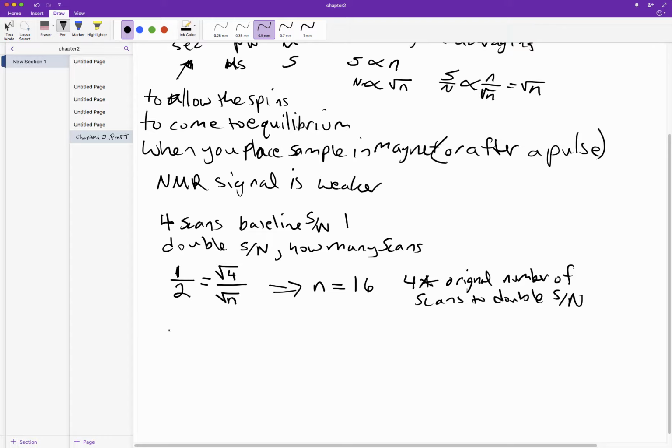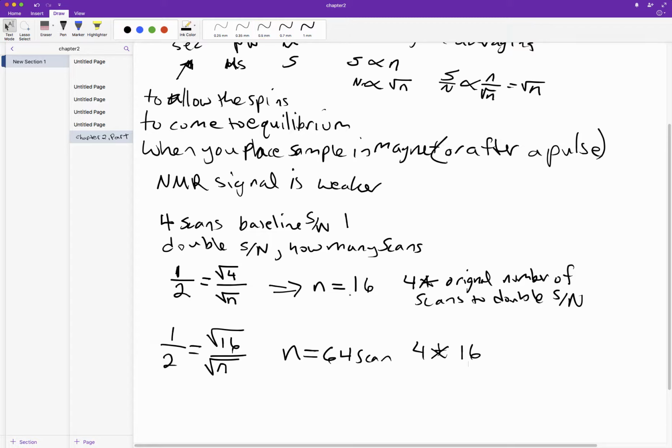If you originally took 16 scans and you call that your baseline of 1 signal to noise unit, and you solve for n, you're going to get 64 scans, which again is 4 times the original number of scans. So always with NMR, if you want to double your signal to noise, you have to take 4 times as many scans.